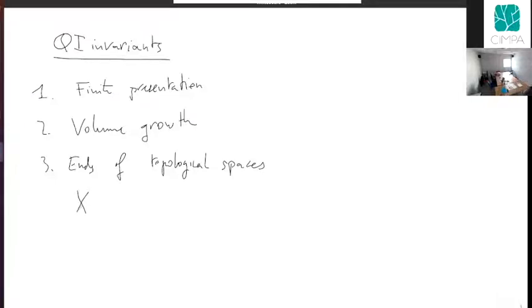I will assume that X is a proper geodesic metric space.